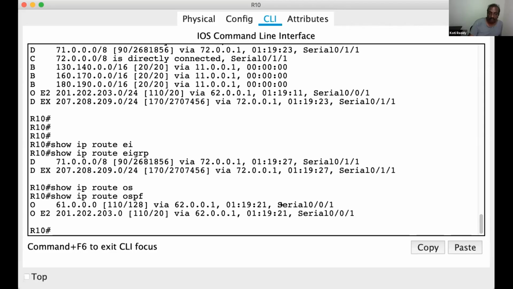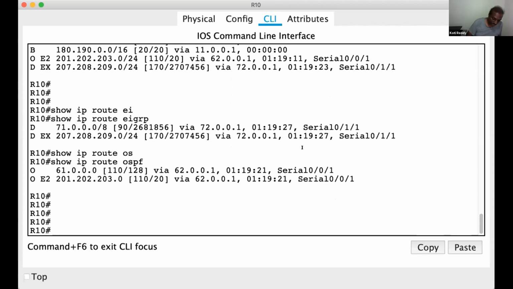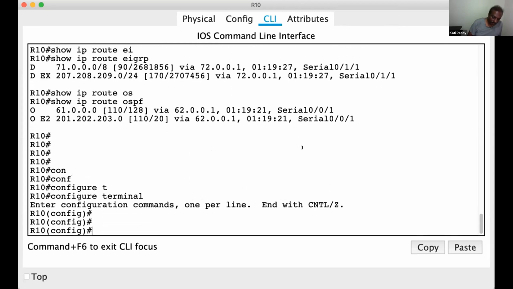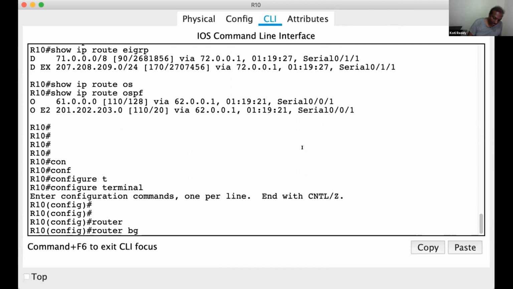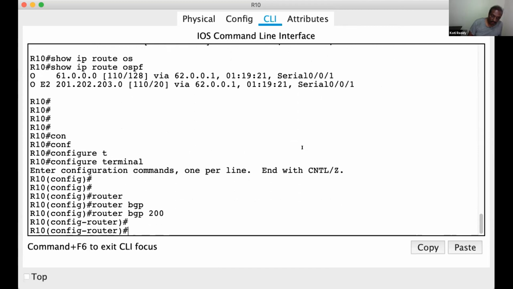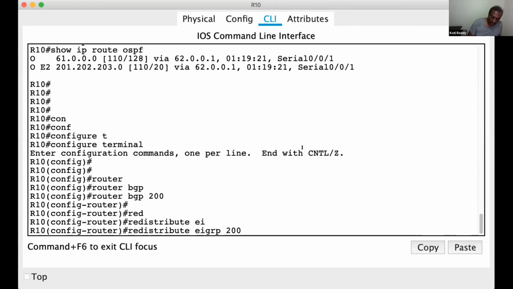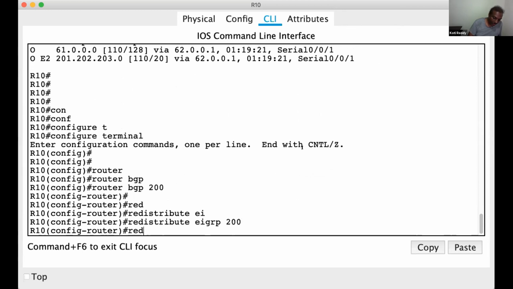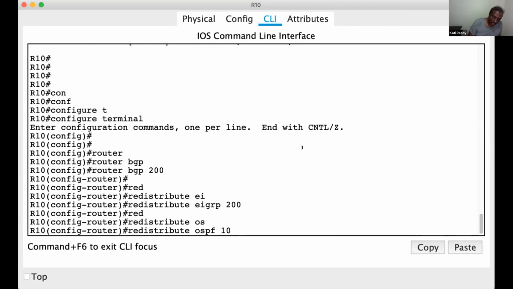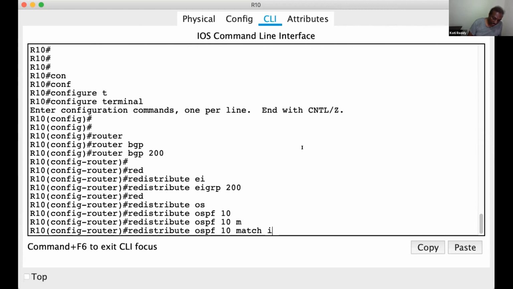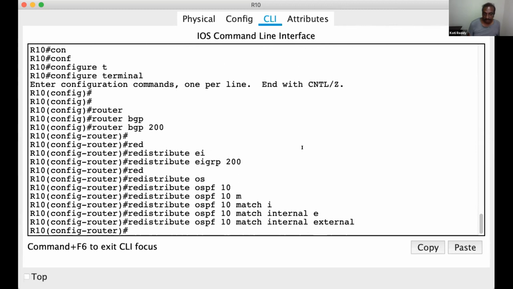I go to R10. I say configure terminal, router bgp 200, redistribute eigrp 200 routes, enter, redistribute ospf 10 routes, match internal and external.